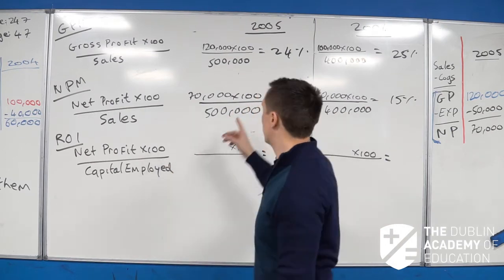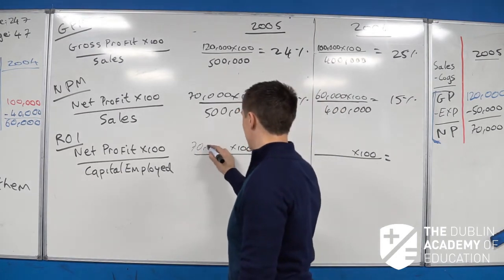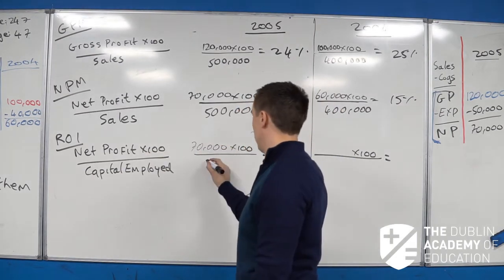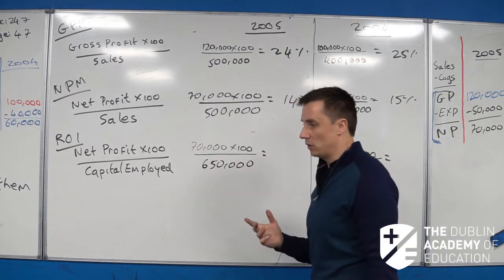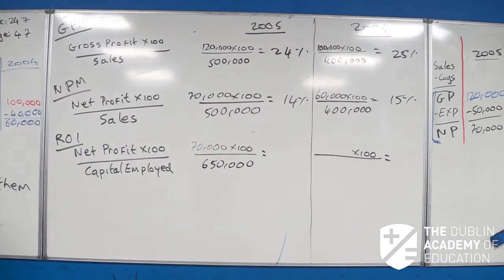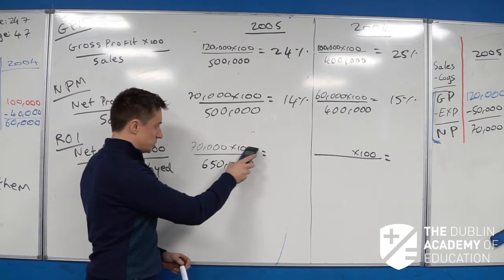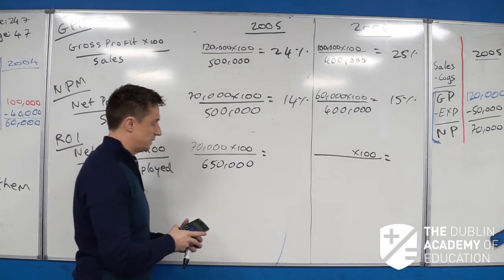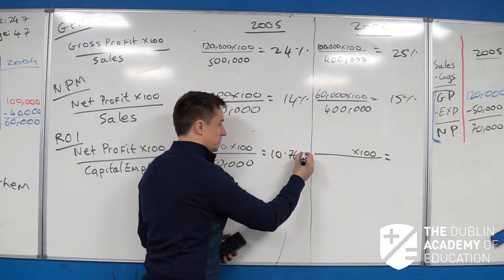So let's look at it. For 2005, the net profit again was 70,000, and they tell us the capital employed was 650,000. So a bit of a trickier one. I'll just grab my calculator to show you through this one. If you keep that into your calculator, 70,000 multiplied by 100, divided by 650,000, you'll get 10.76, rounded off.